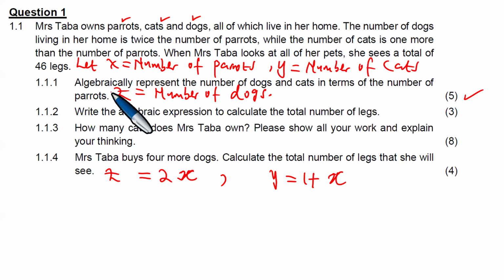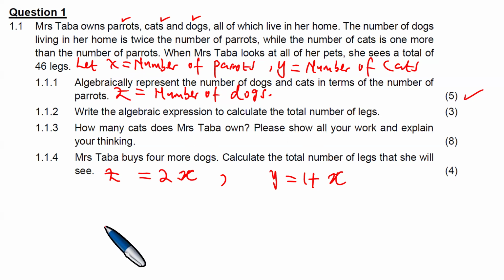The number of dogs is Z in this question, cats are Y, in terms of the number of parrots, in terms of X. So obviously at this point, we have some work to do.